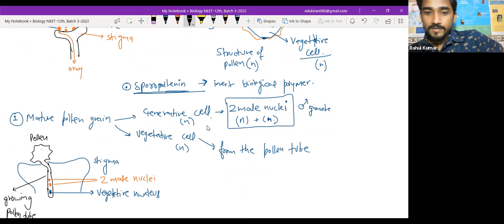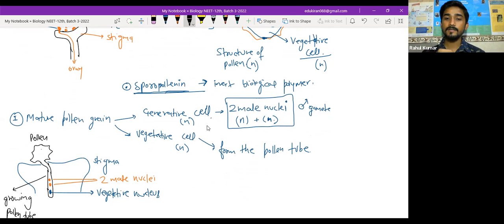The generative cell nucleus divides mitotically to give rise to 2 male nuclei.